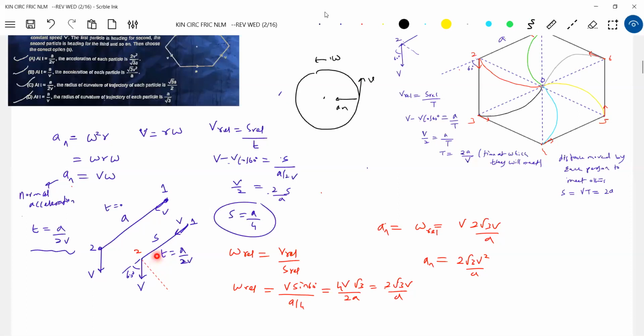Anybody, this separation correct? This S value? Yes, sir. A by 4 we will get it. Earlier separation was A. Now after some time T.